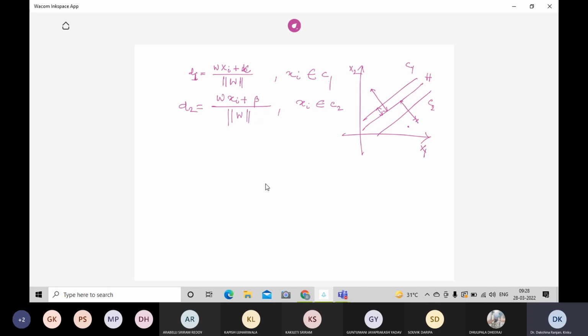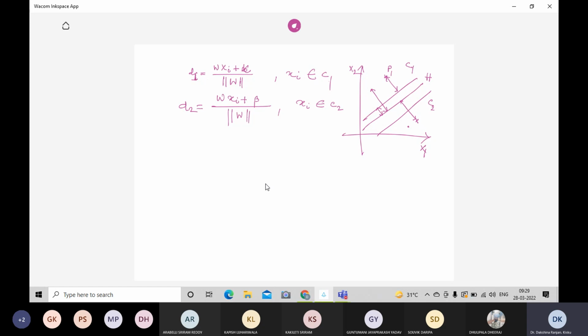Now what is alpha here? If we consider the point P1, this is the distance between any point in class C1 and the margin which is used for class C1.